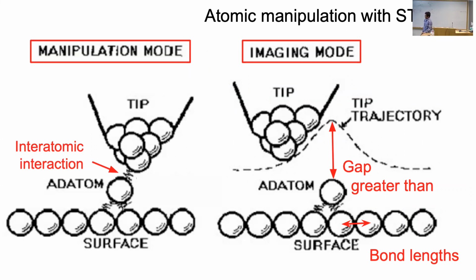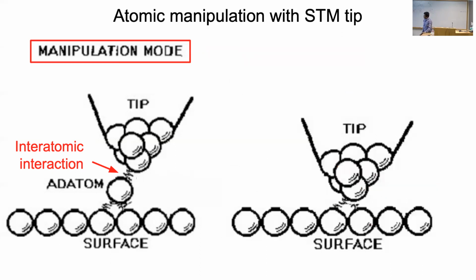It's interesting to observe how a simple idea like bringing a tip closer to an adatom gave us so many pretty experiments. Now I want to showcase a simple idea: let's remove this adatom and bring the tip closer to the surface.